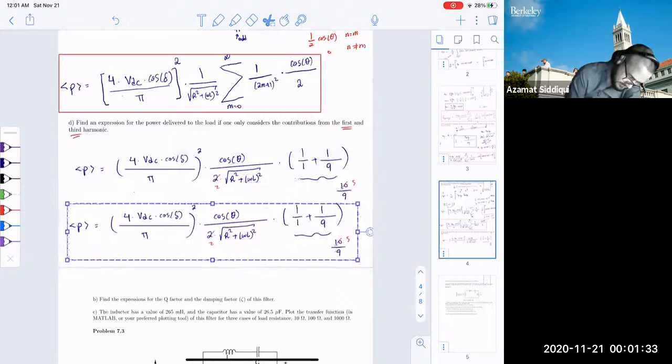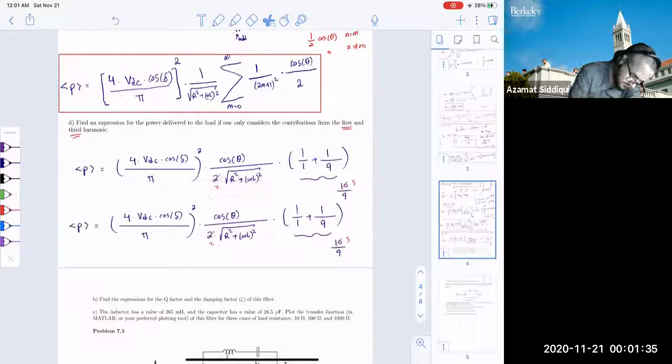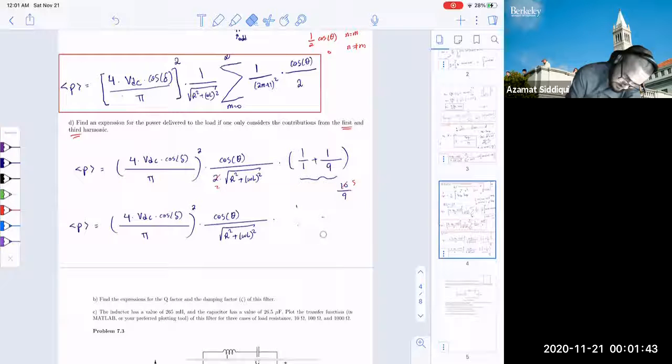And the final expression becomes, okay, I get rid of all of these, and all I'm going to have is 5 right here, and 9 right here.